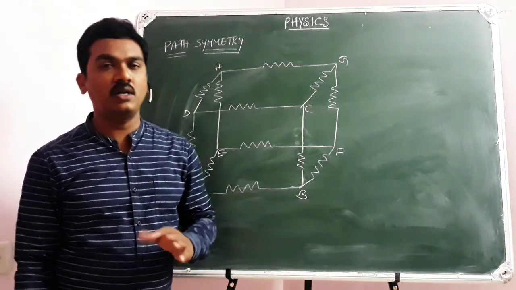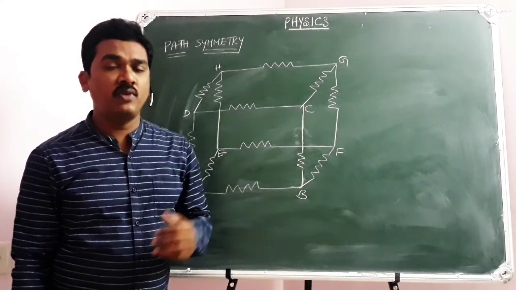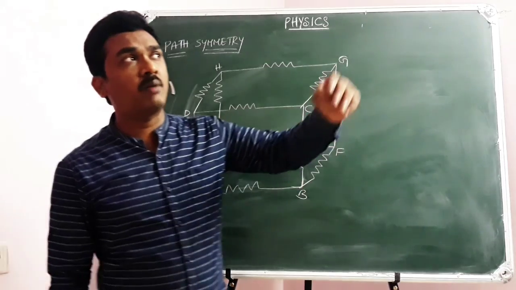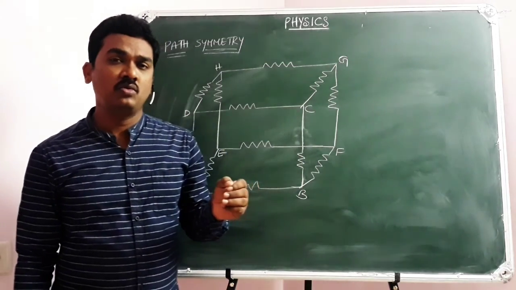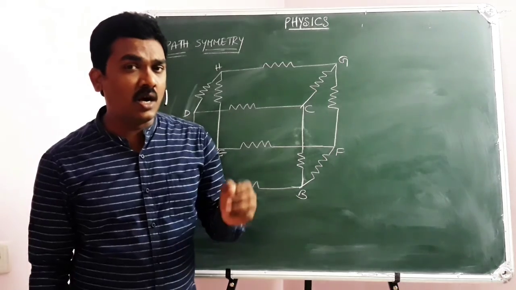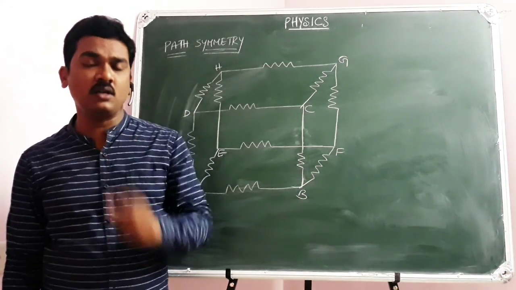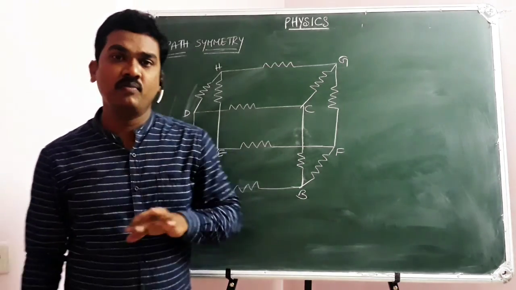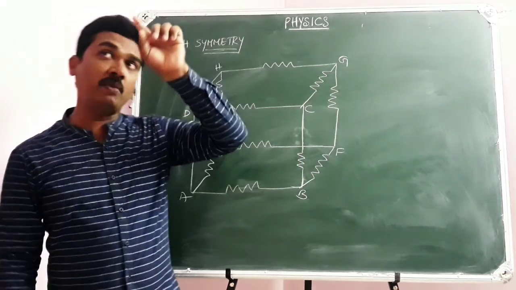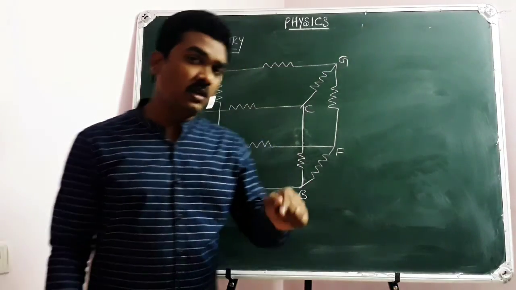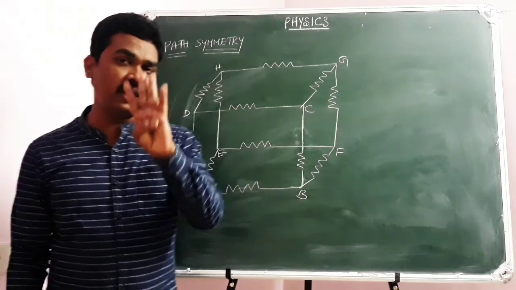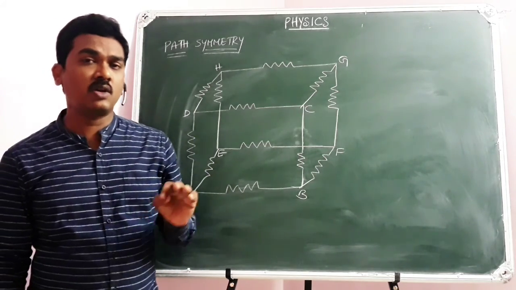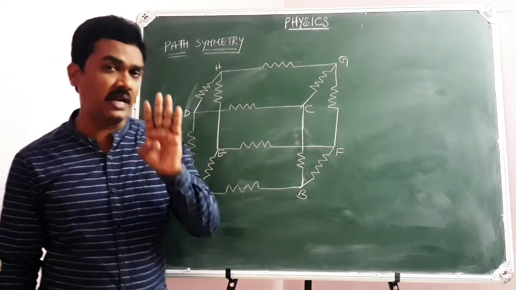Either in a cube or in a cuboid, if any one of the uppermost corners is joined to the exactly opposite lowermost corner, that gives a body diagonal. Like that, from the 4 uppermost corners to the 4 opposite lowermost corners, we can have 4 body diagonals.